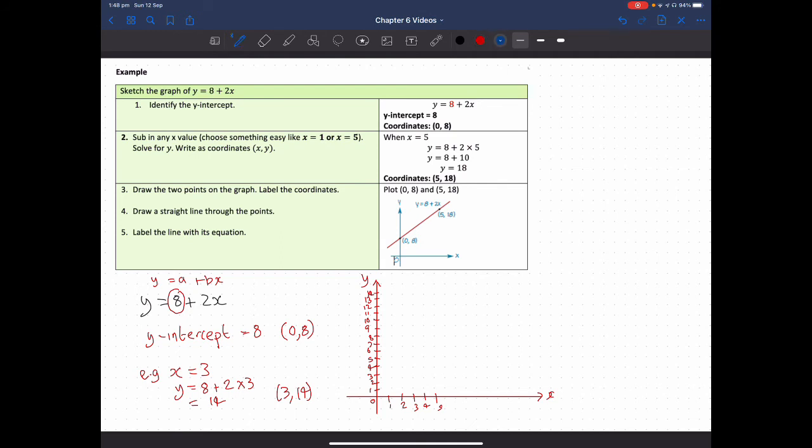In blue, 0, 8 is this point I've just drawn in. 3, 14, so across 3 and up to 14, is this point I've just drawn in there. I'm going to label the 2 points with their coordinates, 0, 8 and 3, 14. Then I would rule a straight line through those 2 points.